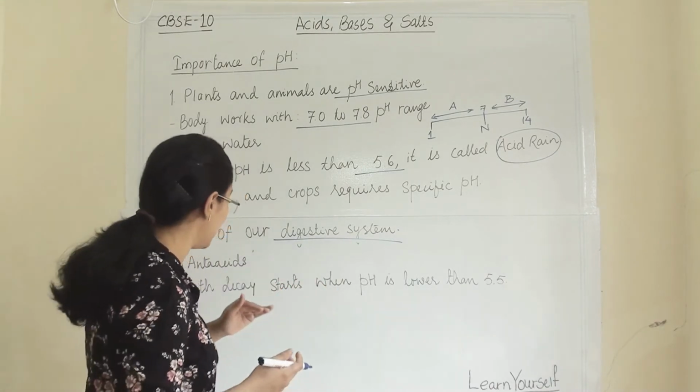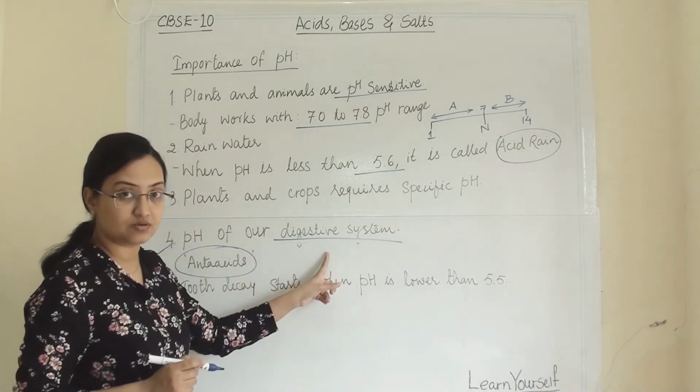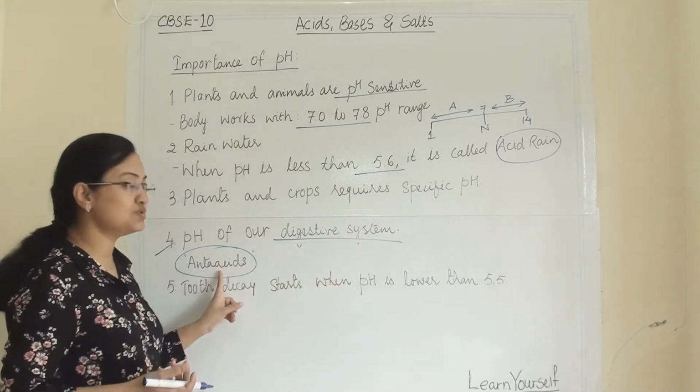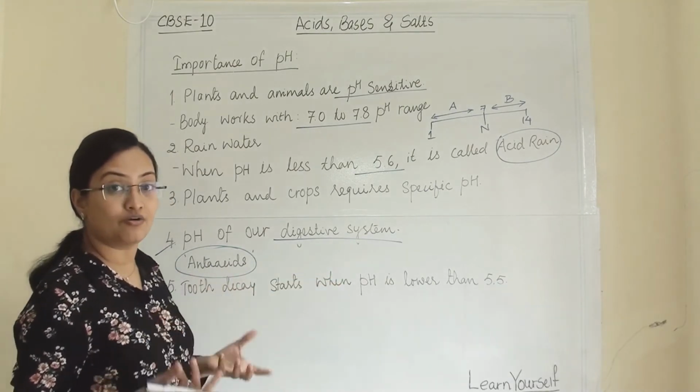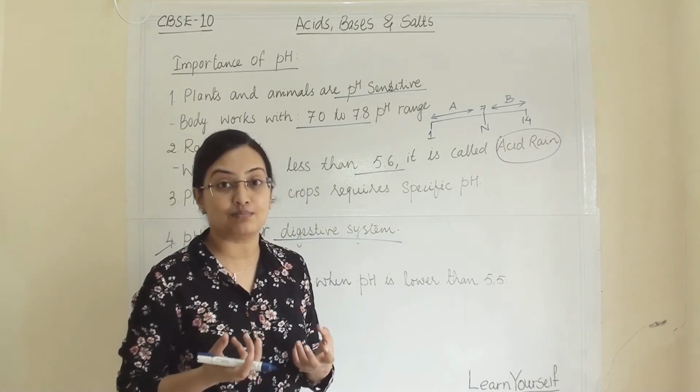To maintain a certain pH range in our digestive system, or to neutralize that excess acid, we use antacids. We often hear names like Gelusil and antacid tablets like Digene.